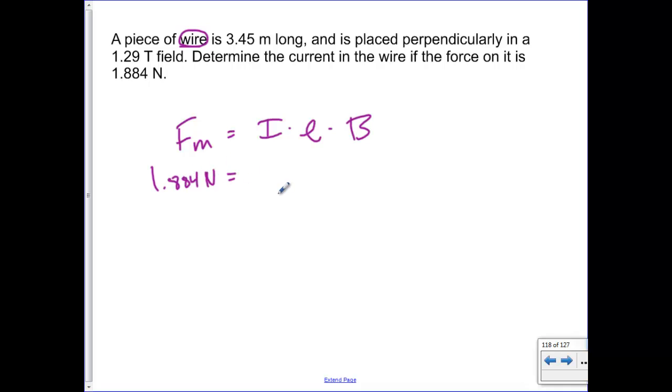The force is 1.884 newtons. The current, we don't know. We're looking for current. The length of the wire was 345, and the magnetic field strength was 129 Teslas. After what we just did, this is going to be a lot easier. Just divide up those 2 numbers and you're good to go.